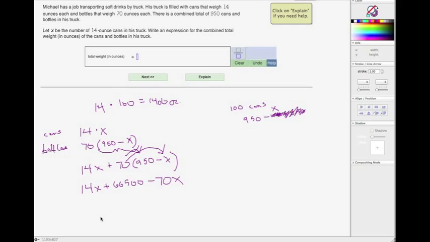All right, and then simplify more. We get, let's see, 14 minus 70 is negative 56. So we get negative 56x plus 66,500.